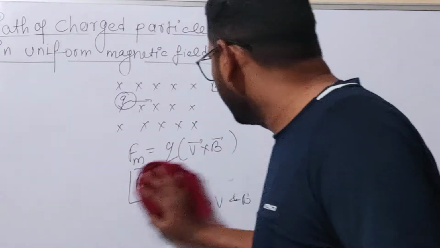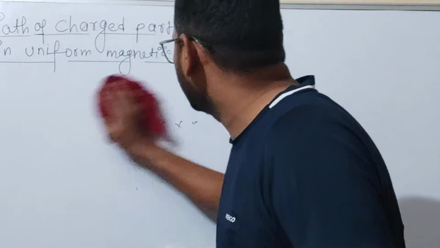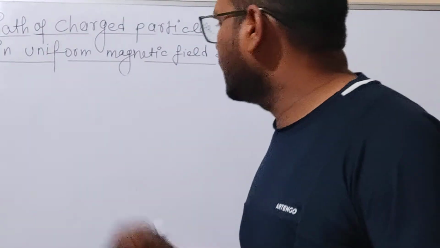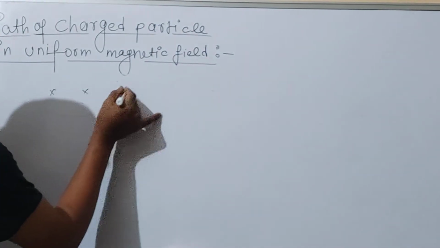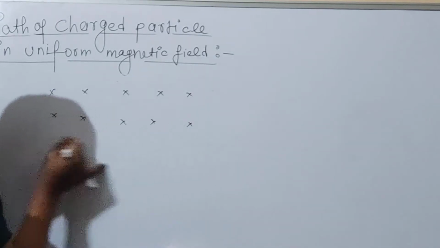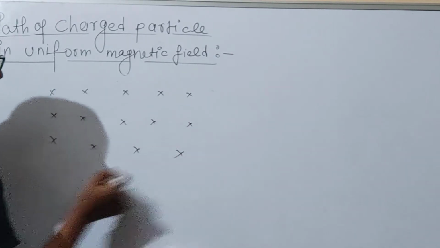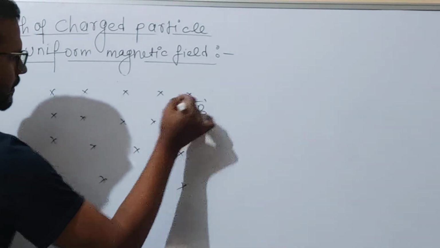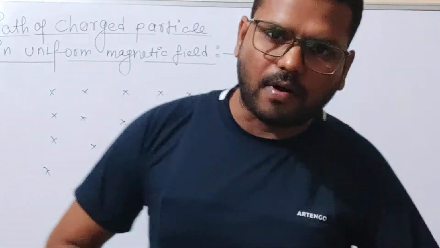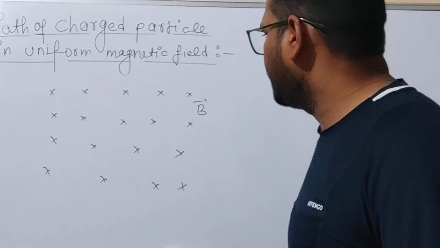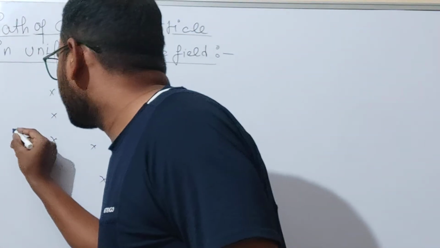So the first important point, case one. This is a uniform magnetic field, which is into the plane, or inward. Now I am taking a charged particle q.